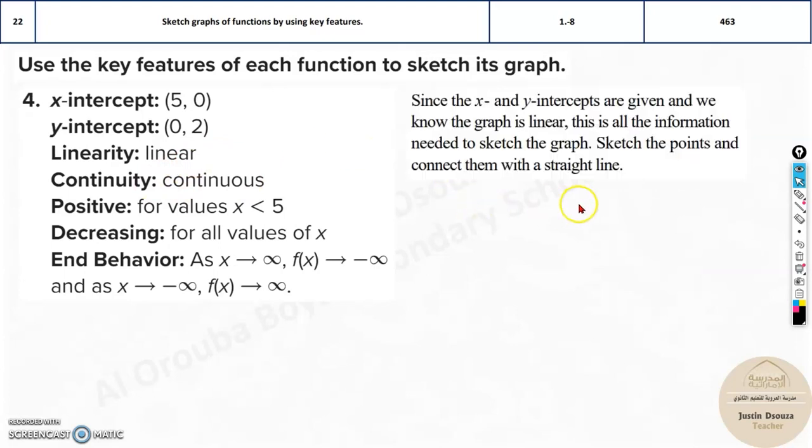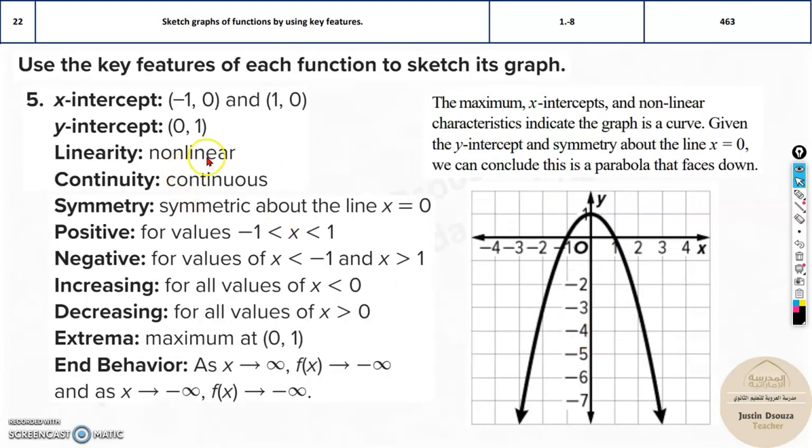Now again, it's the same, you can easily draw this one. Let's see non-linear over here. Carefully look over here, the x-intercepts are given as minus 1, 0 and 1, 0, and the y-intercept is 0, 1.